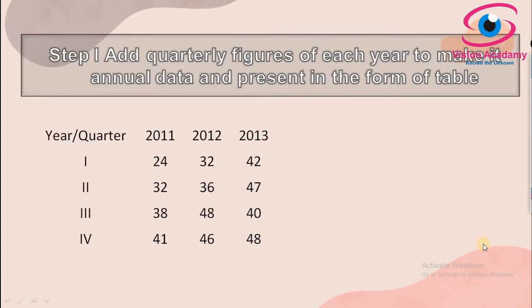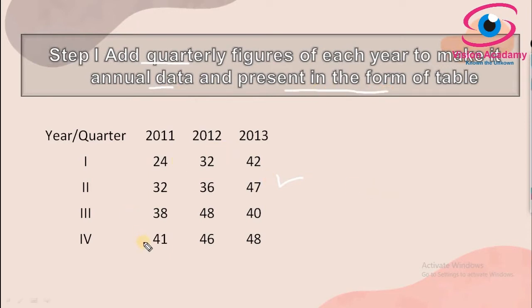Let us go to step number 1. Step number 1 is to add quarterly figures. Here quarterly data are given. Add quarterly figures of each year to make it annual data and present it in the form of a table. That is very simple.